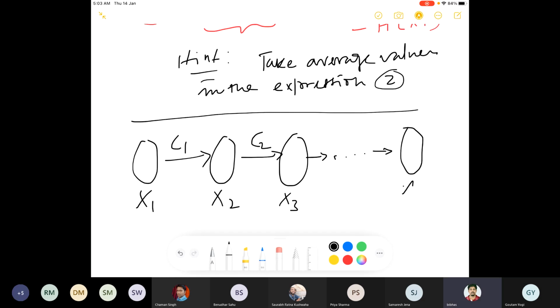Then the question will be, so let's say this is Cn minus 1 or Cn. What will be the Cn minus 1 or Cn? How many channels will be there? N channels or n minus 1 channels? Can anybody tell me? N minus 1. Yeah, n minus 1 channels. Yes.